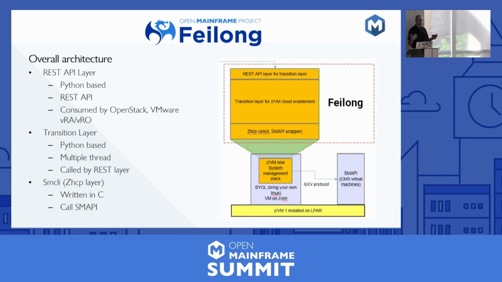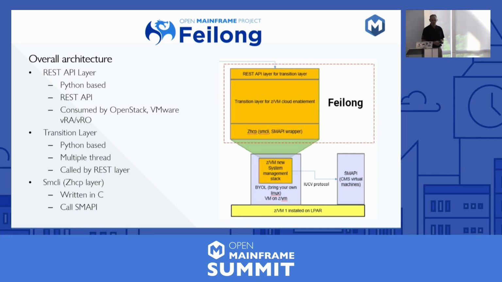This is where the heavy work is done, and that's why you see it as a much bigger box on the right-hand side. But that's where it takes the RESTful API call and first of all says, do I understand what you're trying to ask me to do? And if I understand what you're asking me to do, then I need to translate that, and I need to basically pass it down to the lower layer, which is actually going to do the work.